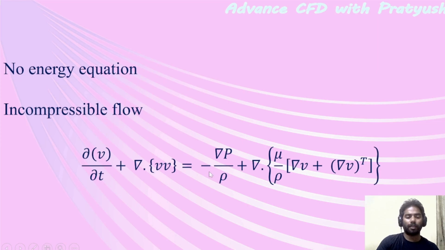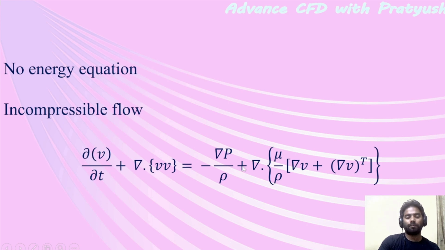If you remember, I have told you that in an incompressible flow type of solver, we solve these equations where every term has been divided by rho. We are also not considering the body forces here, so we are assuming that there are no body forces. These are the equations we solve for incompressible flow. If you talk about the SIMPLE scheme, then the transient term will also not be present here.